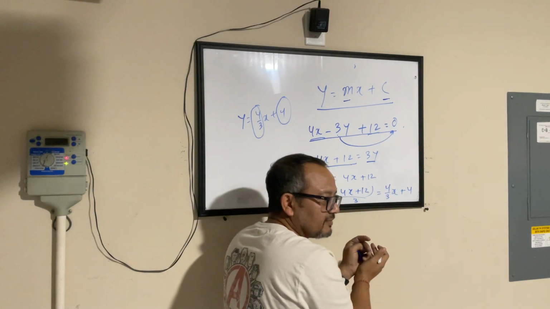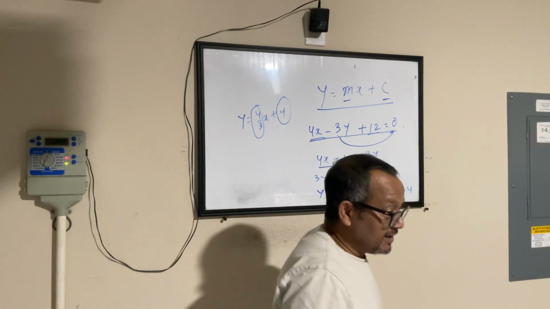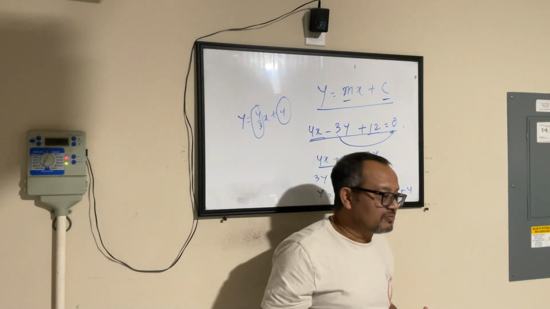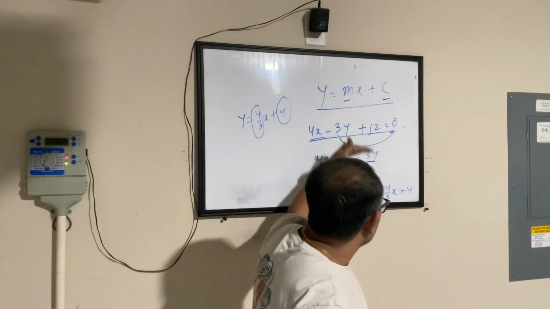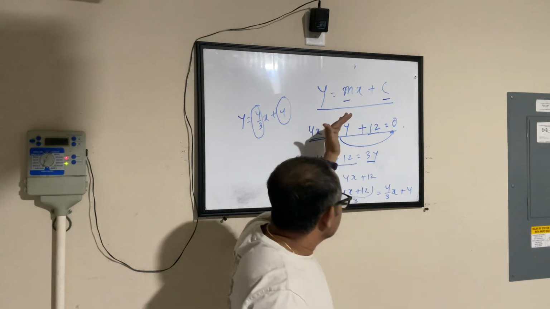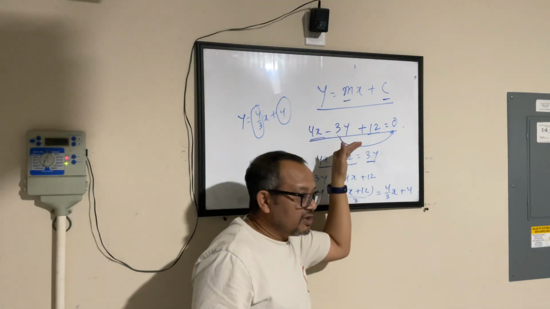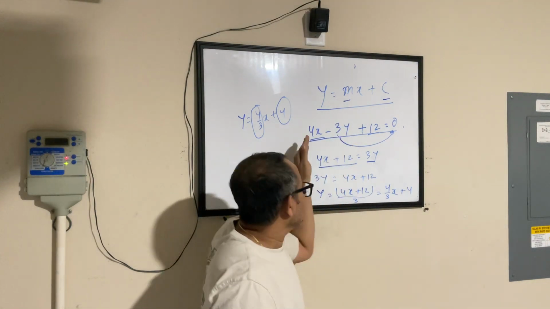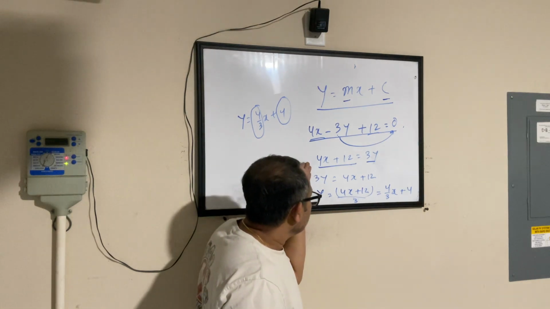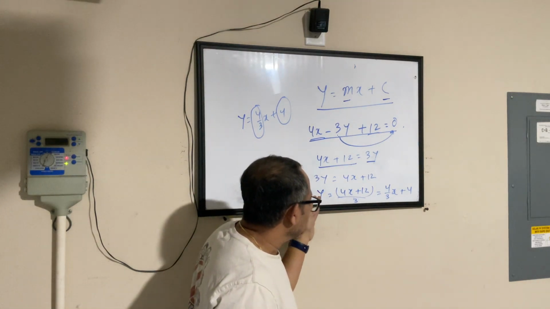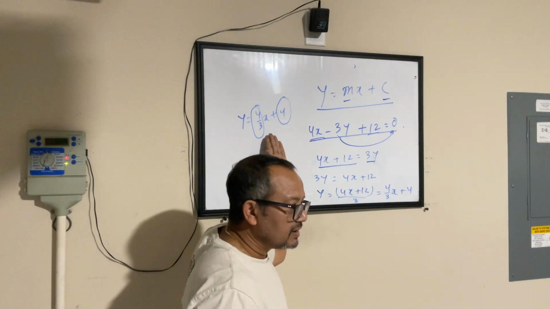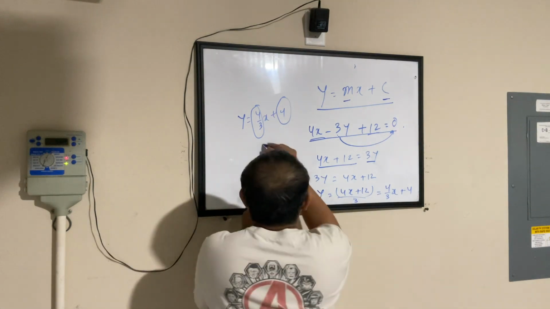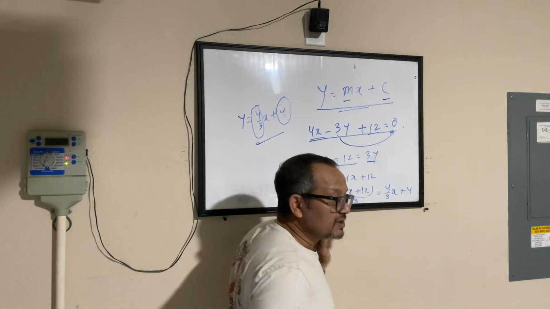One thing, I'm not bragging about myself. It is a request to you all. Whenever you see me solving a problem, you will see that I am telling a story. I did this, then I did this, then I did this, then I come to this point. And then I'm relating this with this slope intercept form.